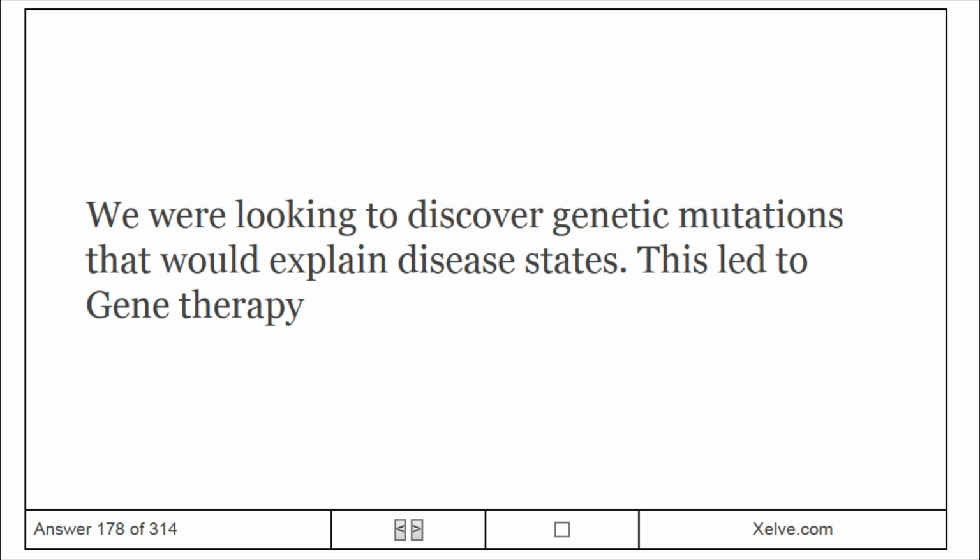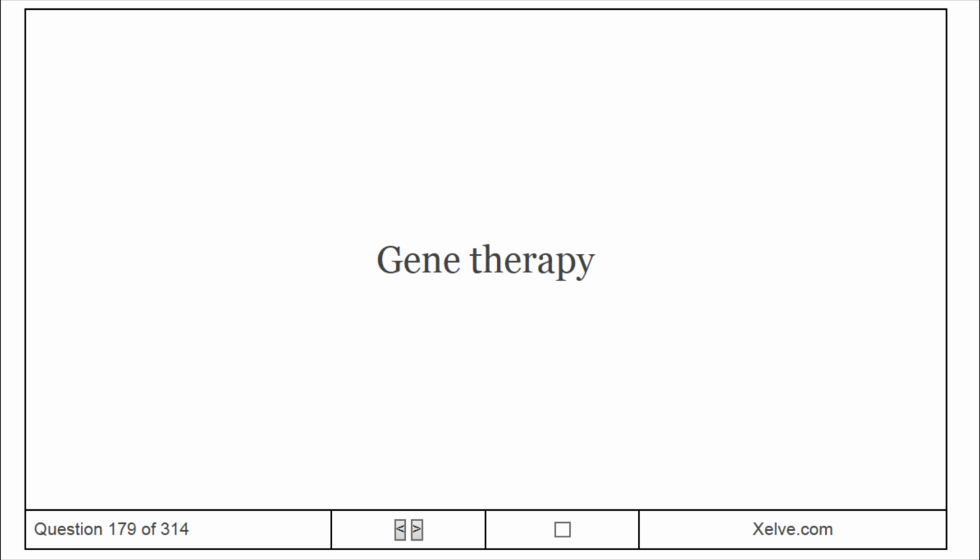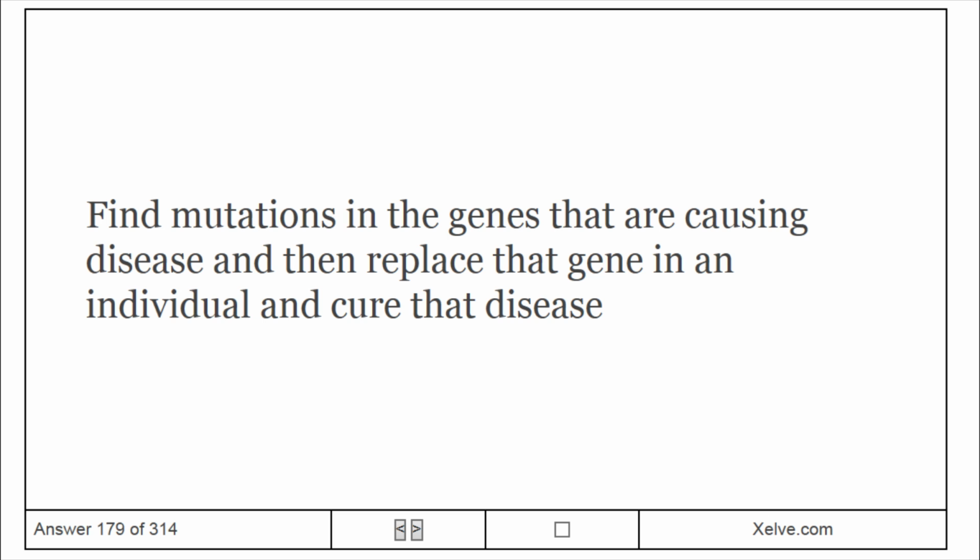We were looking to discover genetic mutations that would explain disease states. This led to gene therapy. Gene therapy: find mutations in the genes that are causing disease and then replace that gene in an individual and cure that disease.